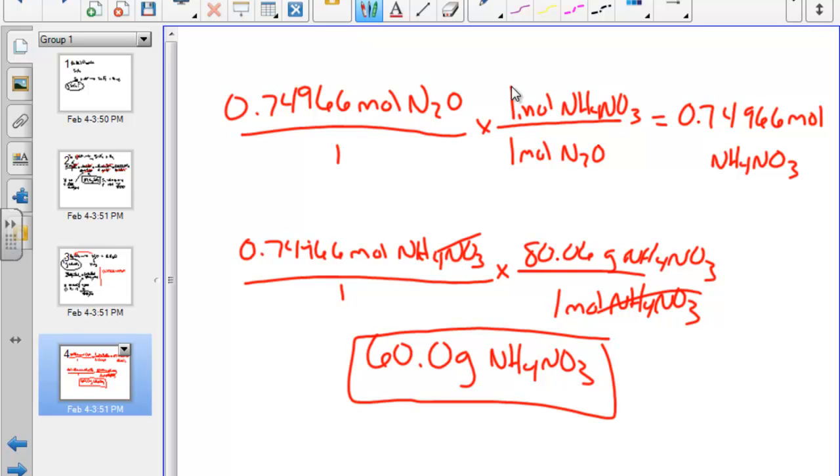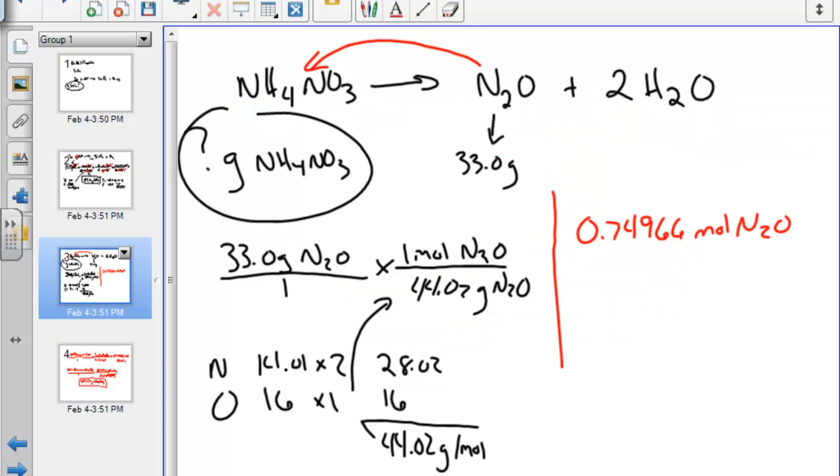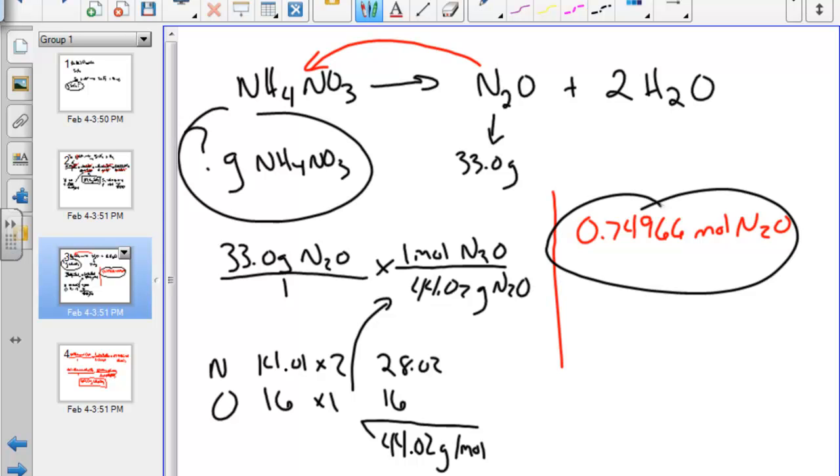Now the second part says how many grams of water are produced. Well, to do that we have to go back to one of our knowns and figure out a mole ratio. Conveniently, we wrote down the number of moles of N2O that we started with so we could refer back to it later.